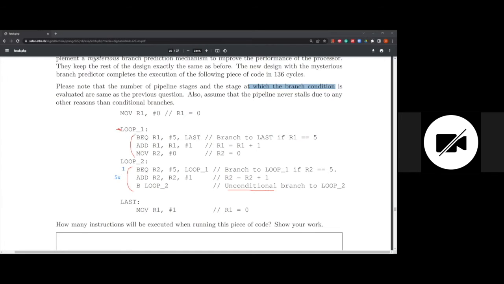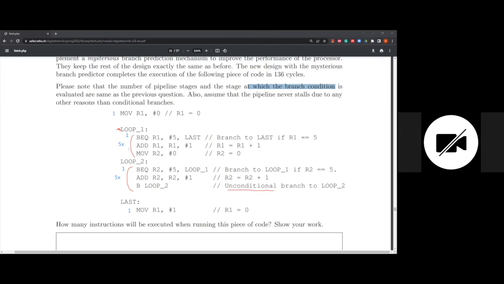And these 3 instructions also execute 5 times, as in the loop below. And when this branch equal is taken, this is the last iteration of the loop. We exit loop 1 and then move to the last instruction here, which just assigns 1 to R1. Okay, so let me complete here the execution counts of each of these static instructions.